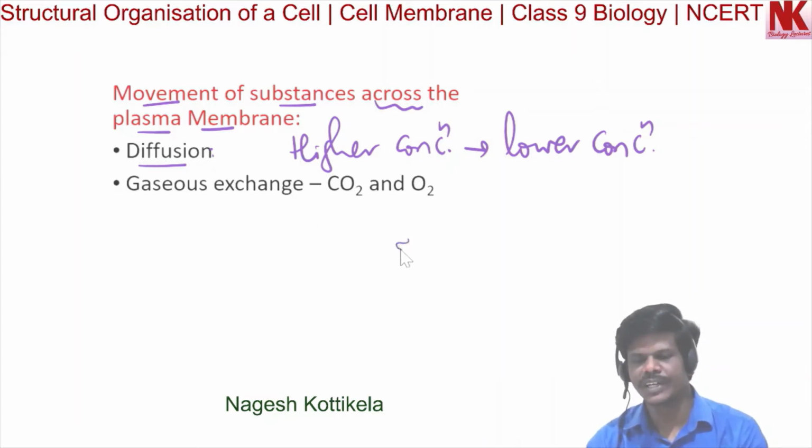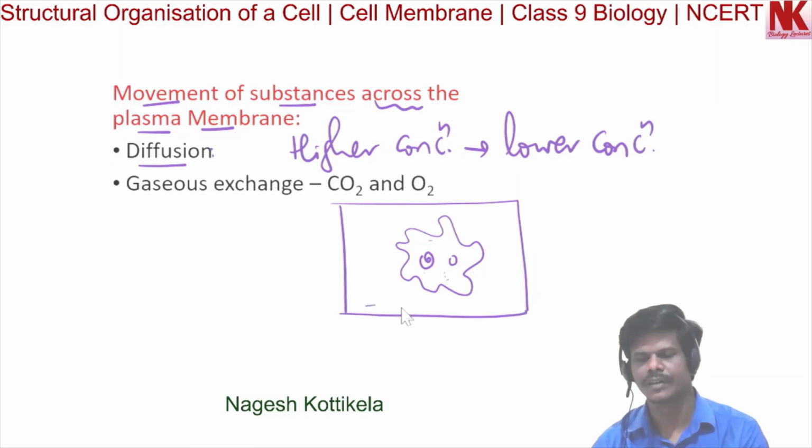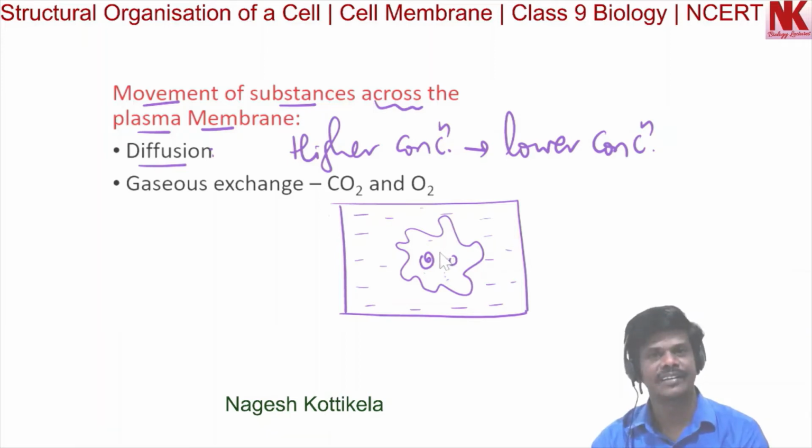Suppose if we take an example of amoeba. Okay, this is amoeba, and let's suppose this is the surrounding water. Here inside the cell, because of the metabolic activities, carbon dioxide concentration will be higher and oxygen concentration will be less.